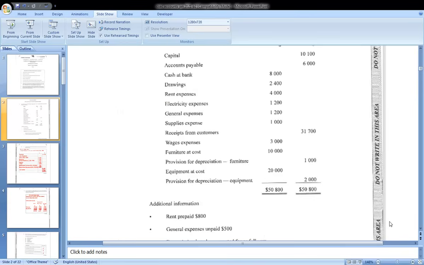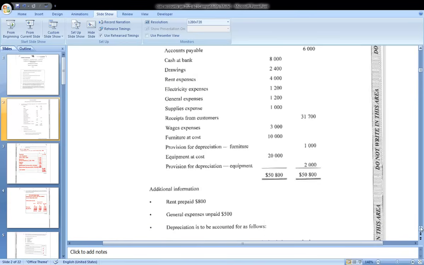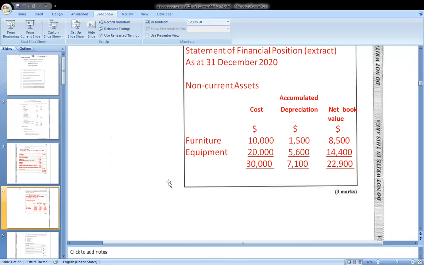So we are just taking our information from what they gave us. So here we go. Our accumulated depreciation is 1,500, and when we deduct that from the cost, our net book value is 8,500. Then for furniture, it is $20,000, and our accumulated depreciation is 5,600.